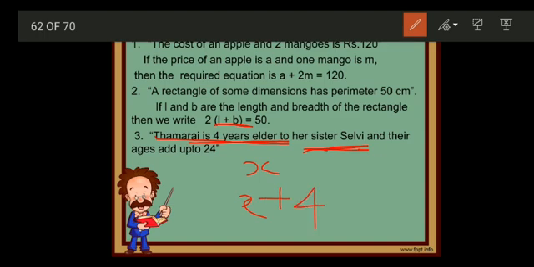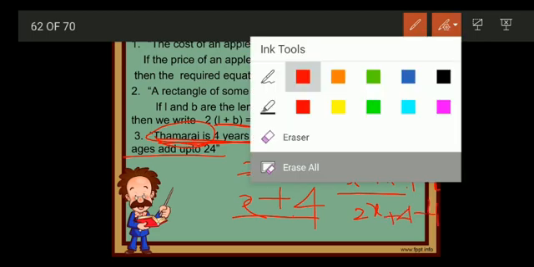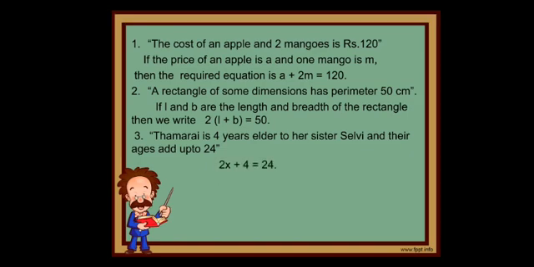Since Thamarai's age depends on the age of Selvi, we are taking the age of Selvi as x and the age of Thamarai as x plus 4. Their ages add up to 24. So x plus (x plus 4) is equal to 24. x plus x is 2x, so 2x plus 4 is equal to 24. So this is the equation for this example. Here we have a variable x.